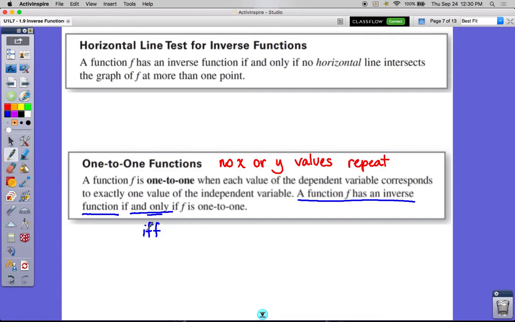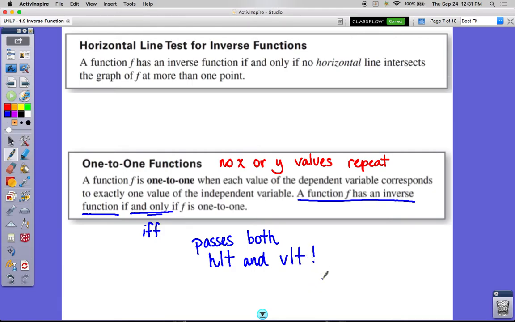It is one-to-one. That means if it's one-to-one, it's going to pass both the horizontal line test, HLT, and the vertical line test, the VLT.